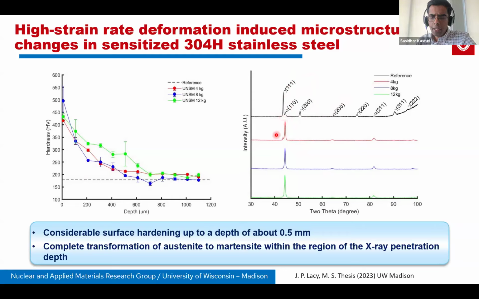But if you look at the UNSM treated diffraction patterns, you can see that most of the austenite has transformed into martensite, particularly at the higher loads. So at least within the X-ray penetration depth, which is close to 10 to 20 microns, it's completely martensite in the material now.